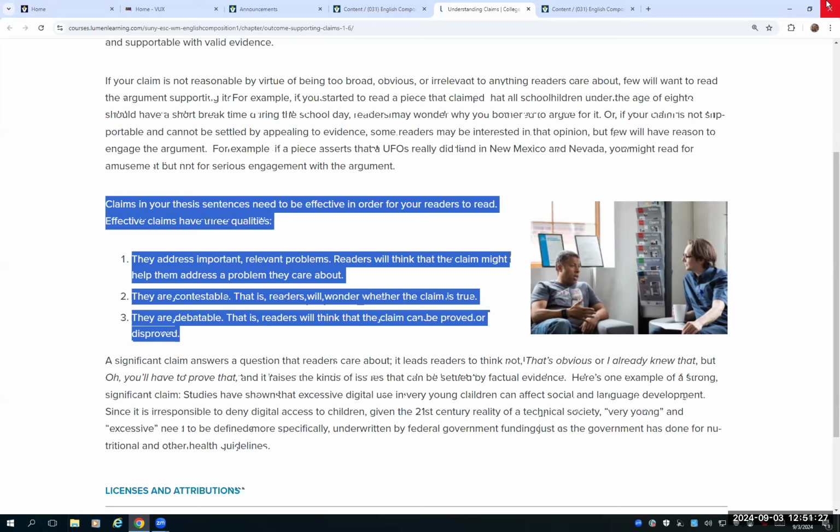And finally, the last quality of an effective claim is that it is debatable. And what that means is that it has more than one viewpoint. You can think more than one way about a claim.